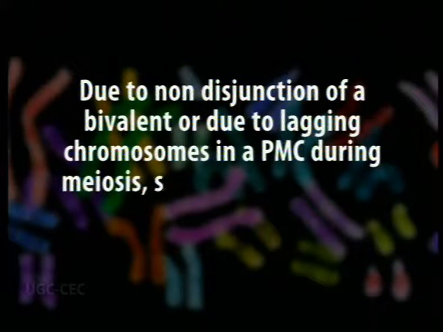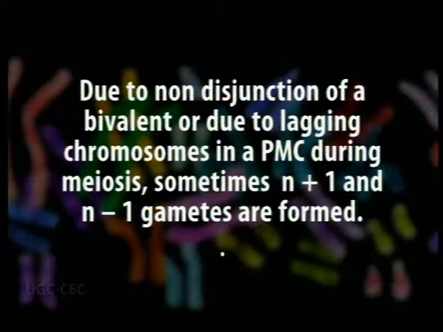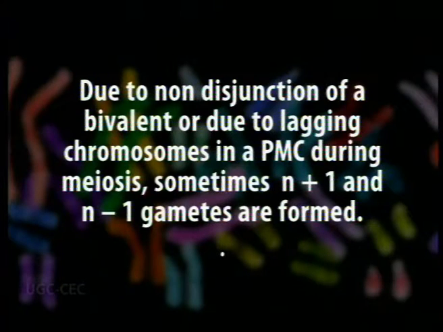Particularly as far as non-disjunction is concerned, non-disjunction means at the time of metaphase to anaphase segregation, one of the bivalents goes to the same pole, so that distribution of chromosomes does not take place, and therefore one of the gametes produced has n+1 condition, whereas the other gamete where the chromosome has not reached has n-1 condition. And when such gametes take part in fertilization, different types of aneuploids are produced.